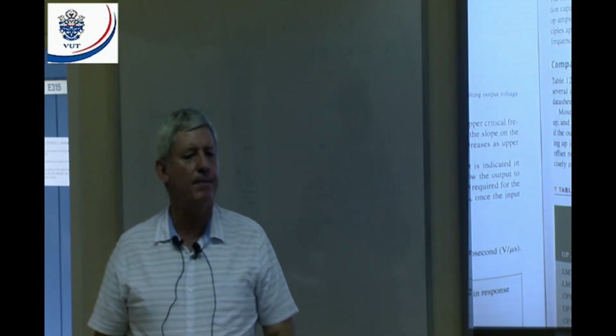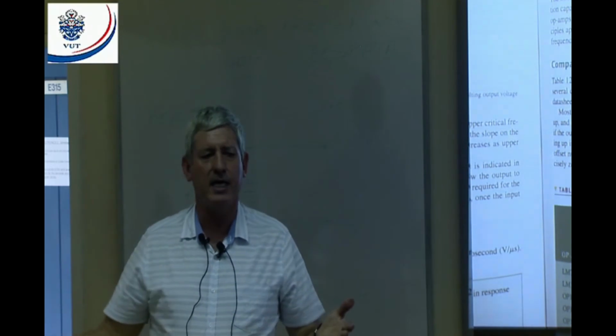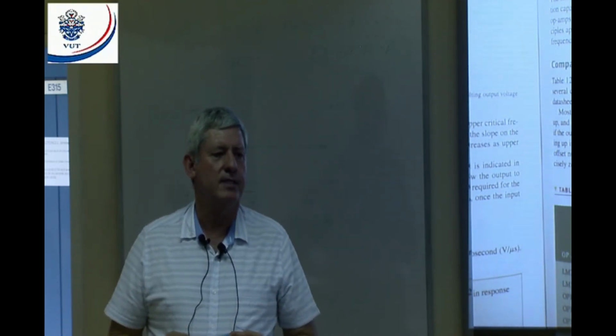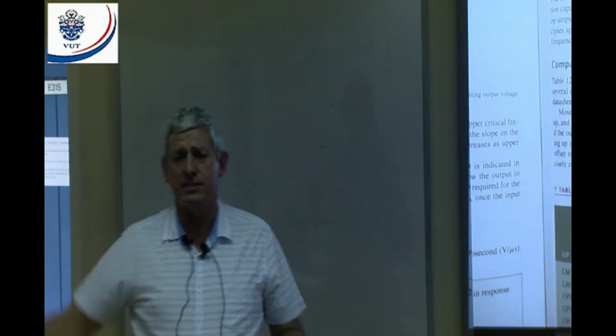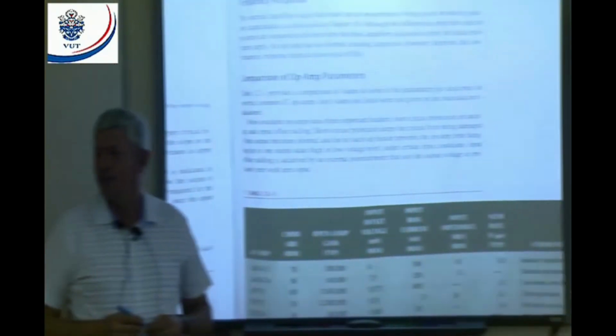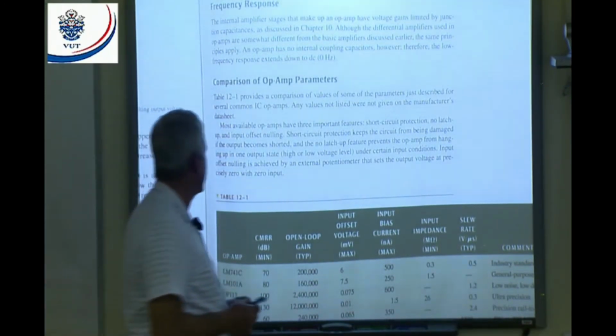That means it can amplify DC. All right. On the high frequency side, it will cut off. Why? Because we have junction capacitance of the transistors inside the device. That means on the high frequency side, it will cut off due to my transistors. You with me? Any questions? All right, let's move on.